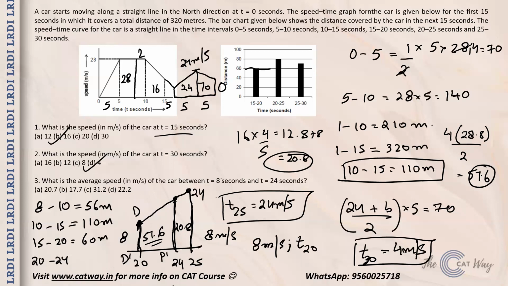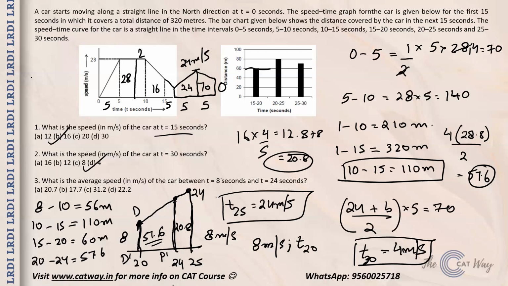Okay, now between 8 and 10, what is the total distance that the car has covered? So this is 57.6. If you talk about the total distance that the car has covered, it is 156 plus 110 plus 60 plus 57.6. What is the average speed, guys?